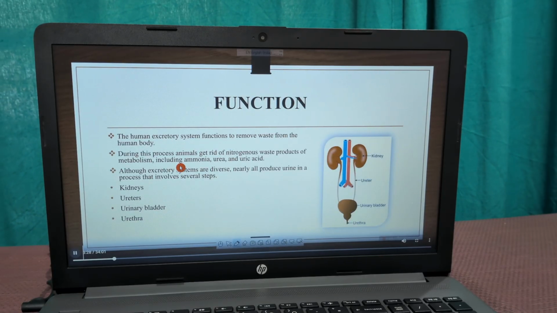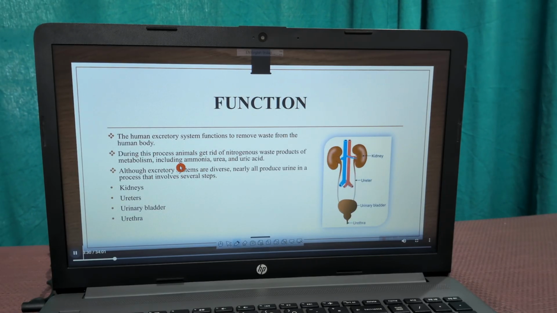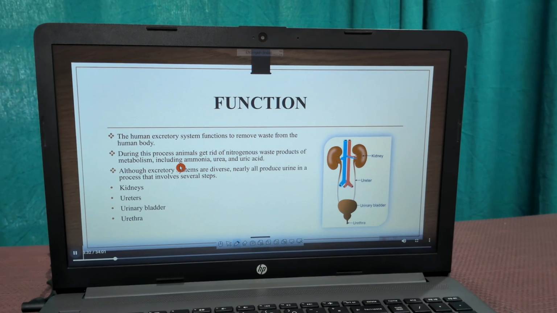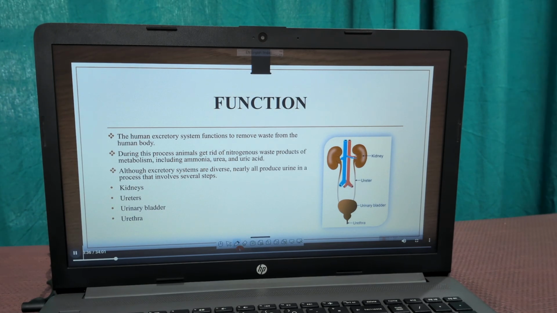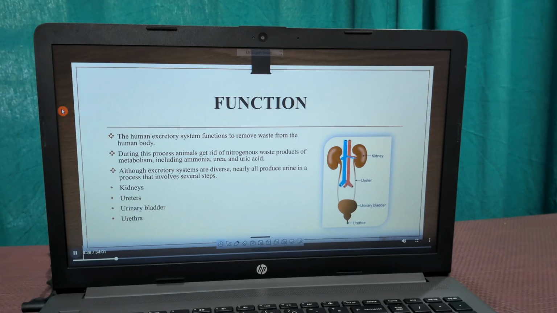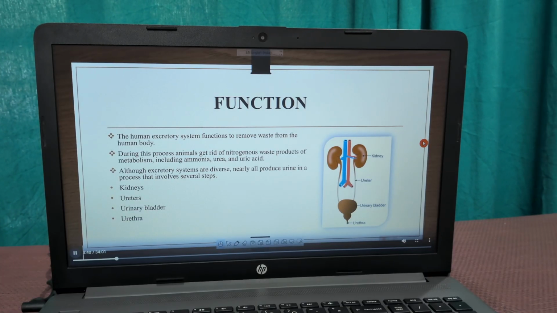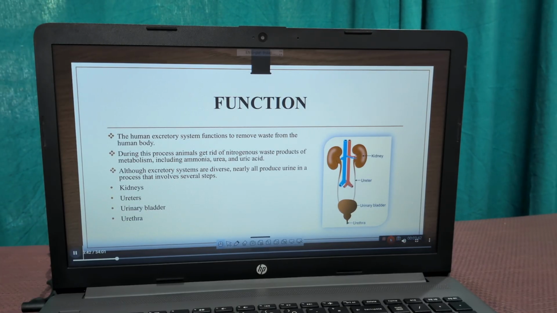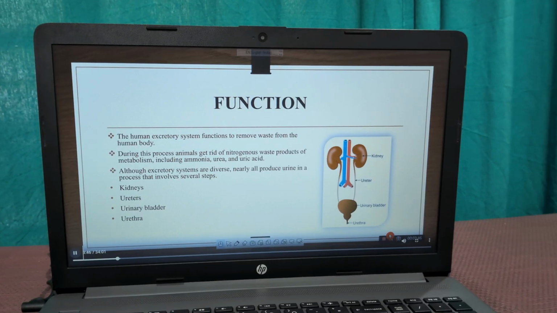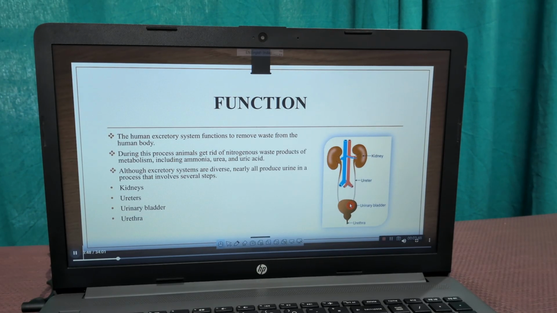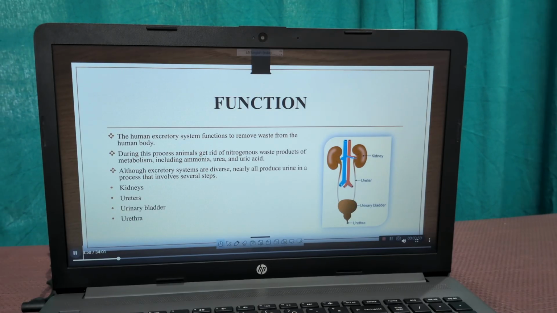Let's understand some of the functions performed by the excretory system. The basic function of the excretory system is the removal of metabolic waste from the body. So, let's understand the functions.